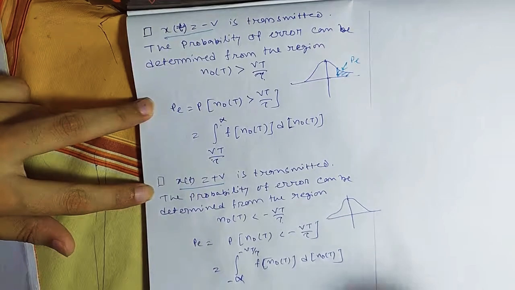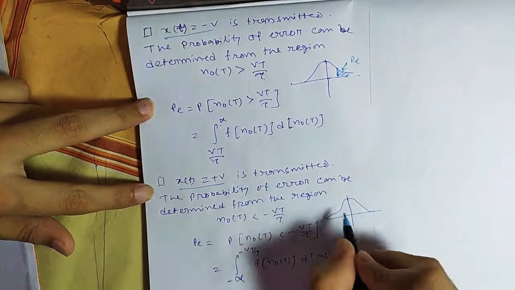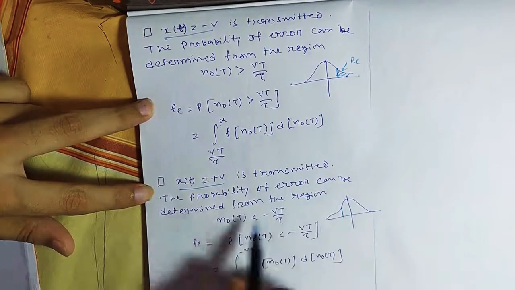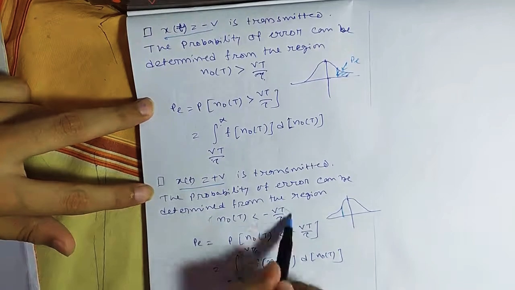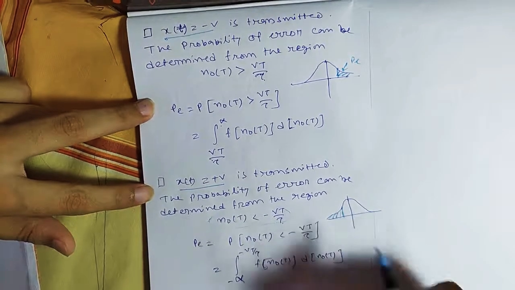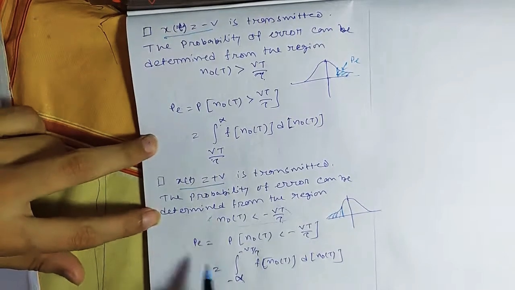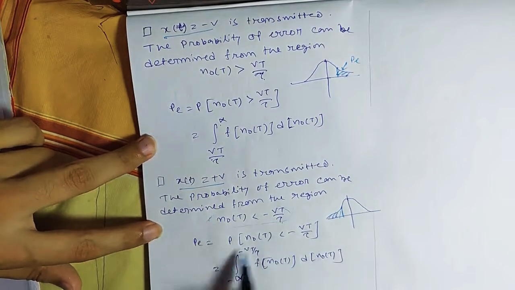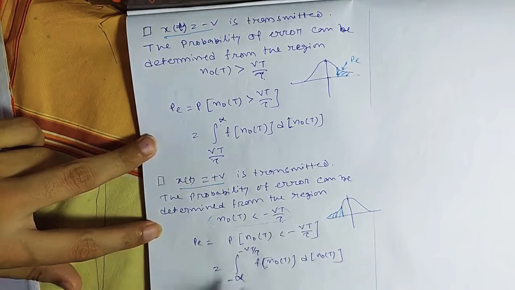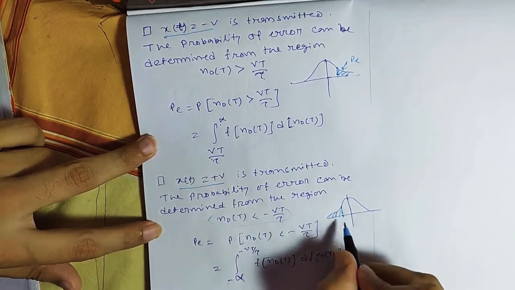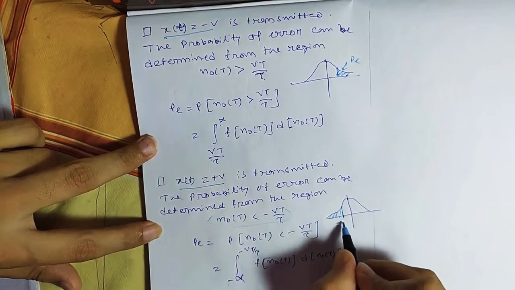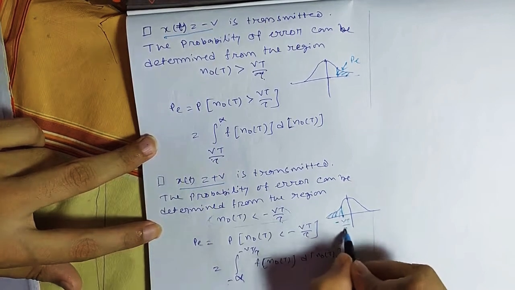That was the density function, and the area can be determined by integrating the density function from minus infinity to minus vT by tau.